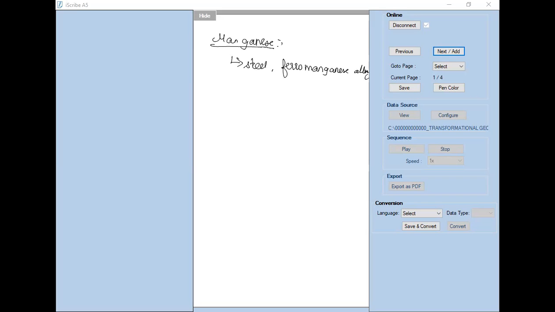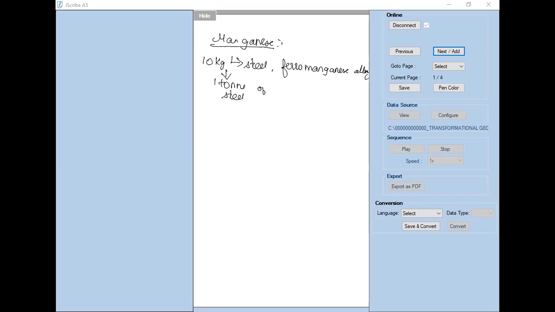For example, if we need 1 ton of steel, do you know what is 1 ton? 1,000 kgs. Yes, exactly. And for 1 ton of steel, we need 10 kgs of manganese.